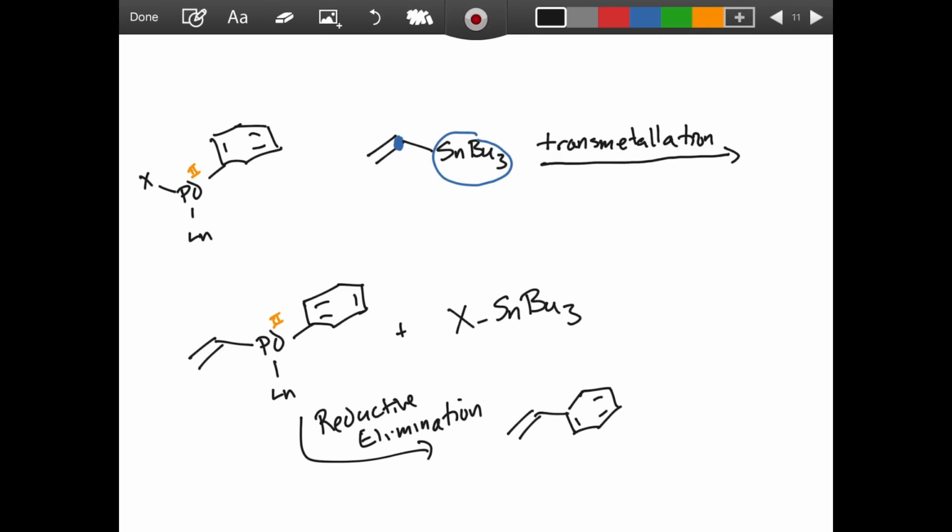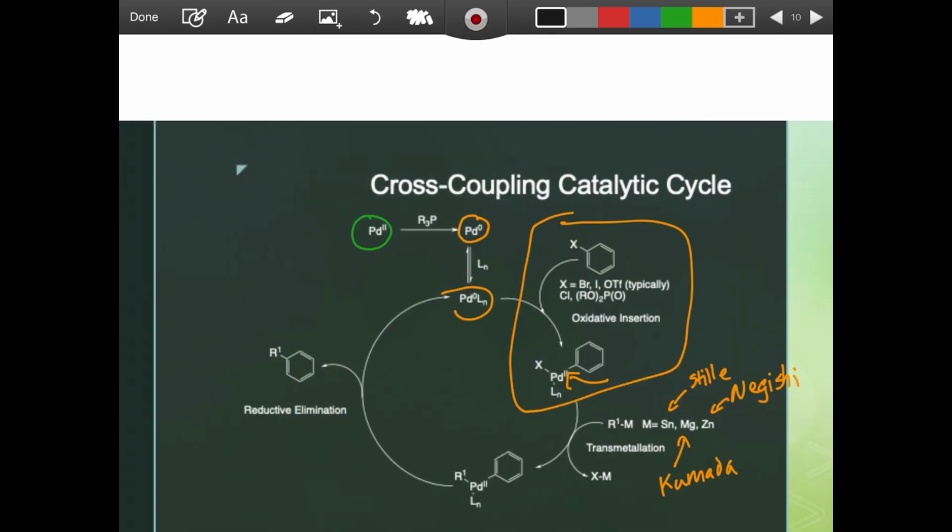And then the palladium gets removed and reduced. So it goes back to being palladium 0. So we come over here, right? So we're here. We do the reductive elimination. We make our product.